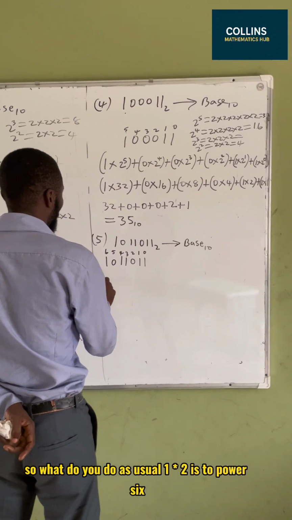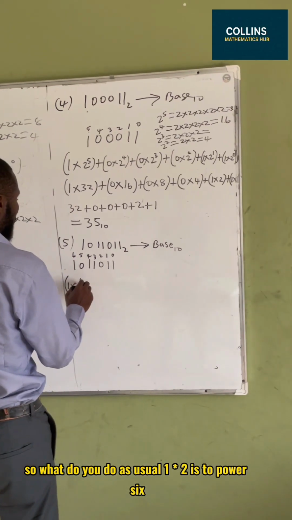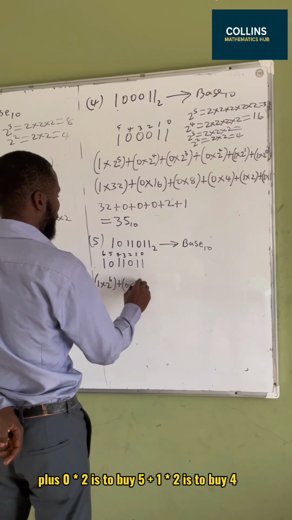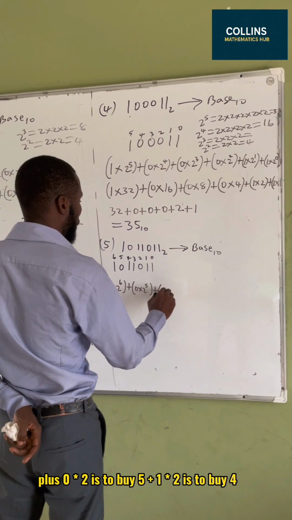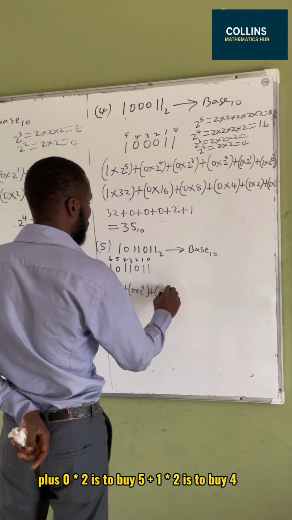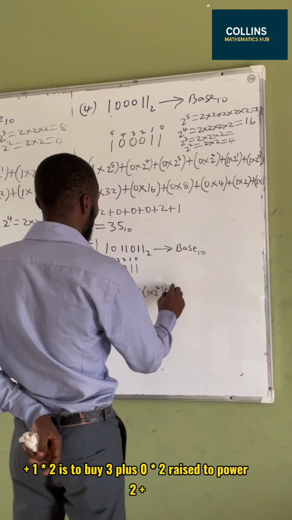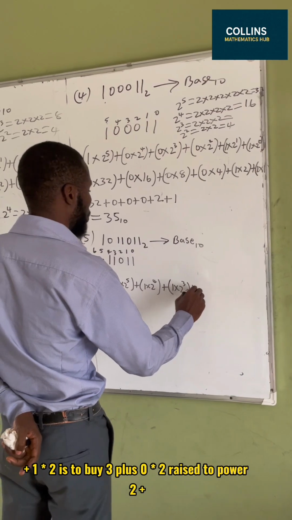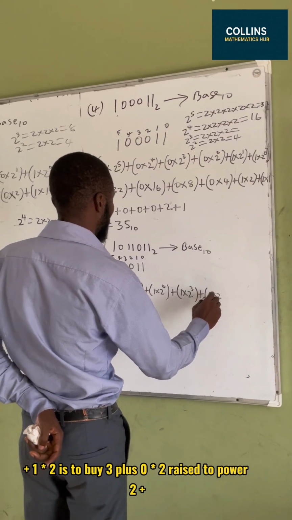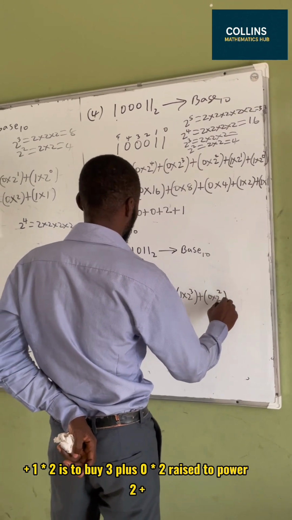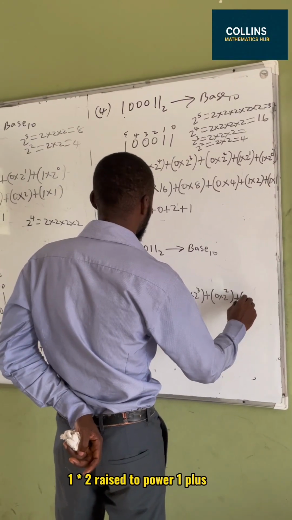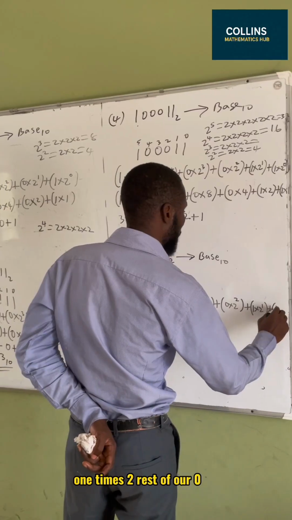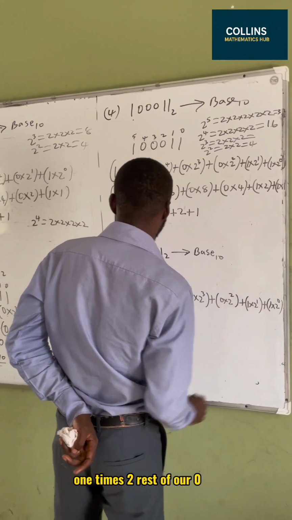As usual, 1 times 2 raised to power 6, plus 0 times 2 raised to power 5, plus 1 times 2 raised to power 4, plus 1 times 2 raised to power 3, plus 0 times 2 raised to power 2, plus 1 times 2 raised to power 1, plus 1 times 2 raised to power 0.